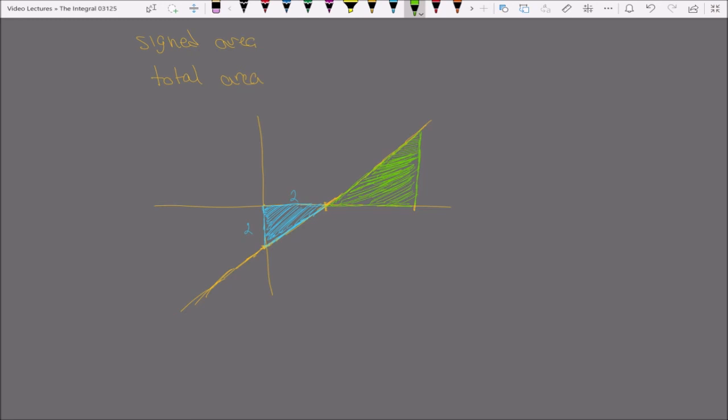Now this will be from 2 to 6, so that is length 4. This will also be height 4.